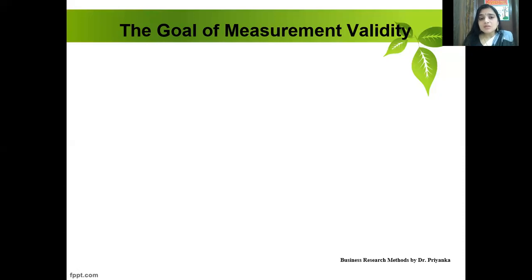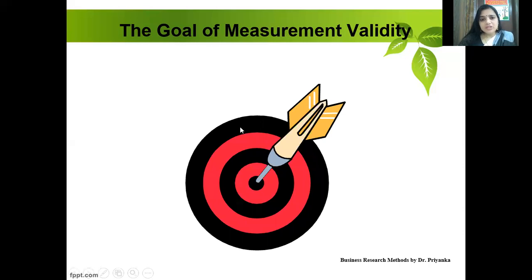You cannot measure whether a fish can travel on land faster than any other object or not, because fish lives in water. So you will actually be measuring fish activity, all the activities of fish when it is in water, right? So that is what validity is. You are trying to check whether you have actually measured the right thing or not. This is how we will be checking validity.